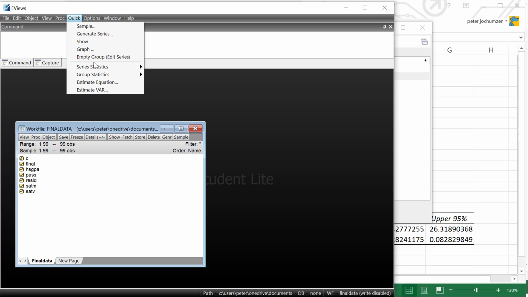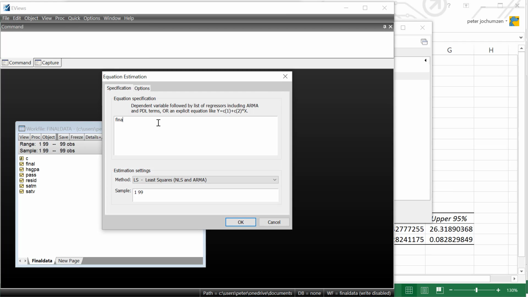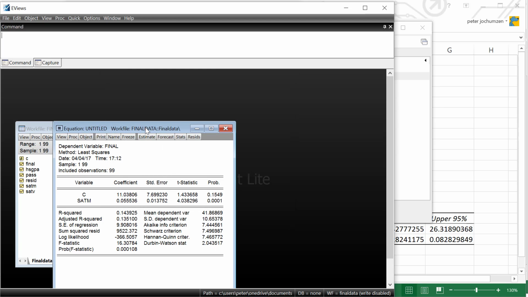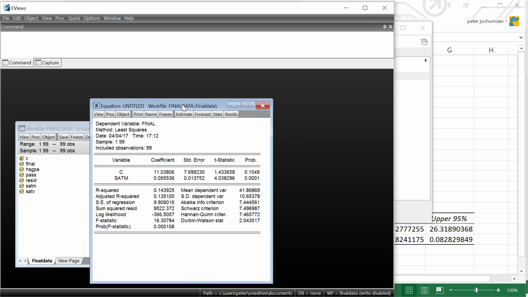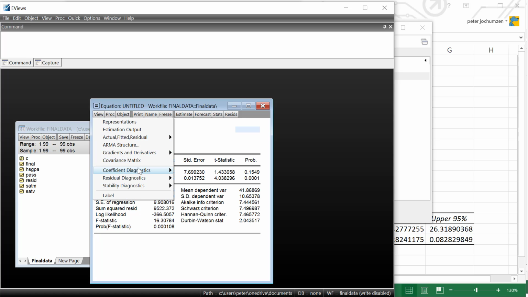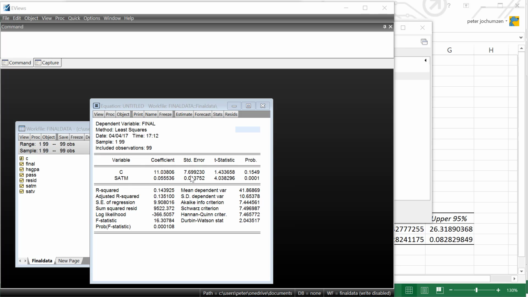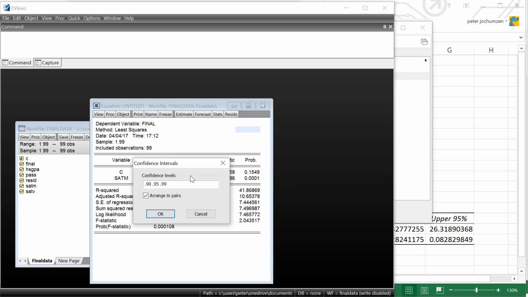In EViews, we need to estimate the equation. So quick, estimate equation. We do final C and SATM like this, and then same as for Gretl, it doesn't print the confidence interval in the printout, but you can easily get them by going to View, Coefficient Diagnostics, Confidence Intervals, and you can type whatever you want here.